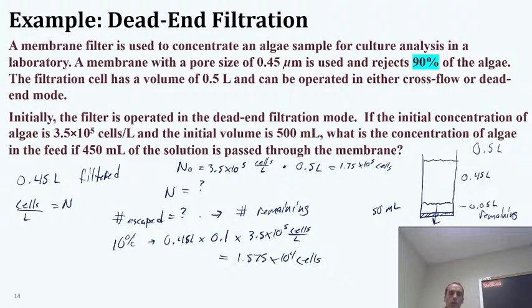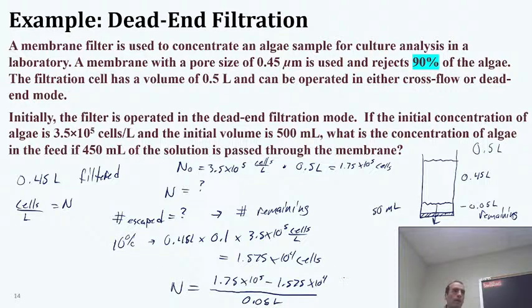So if we check the units, we've gotten rid of the liters, and we're left with just cells. So we would do our 1.75 times 10 to the 5th minus 1.575 times 10 to the 4th. That's the number of cells, and divide all that by 0.05 liters would be our answer.